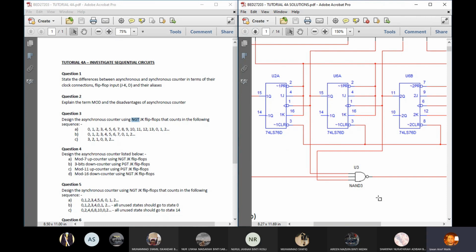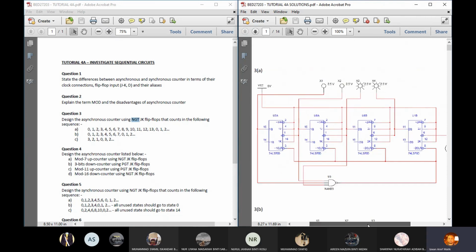Clear is where the output of the NAND gate should be connected. The rest, J, K and preset, connect them to 1. VCC goes to preset, J and K. But the clear port is connected to the output of this gate.